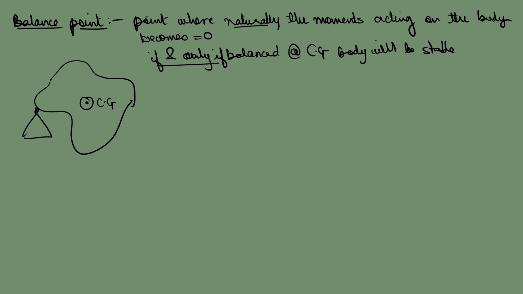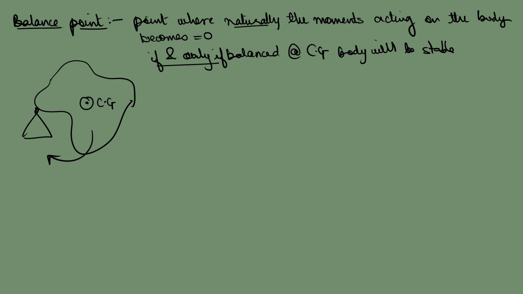But if I try to balance the body at this point, the body will topple. So understand this. The balance point is a natural point: if I balance the body at that point, it will be stable. But if I want to, I can shift the pivot anywhere I want, but there is no guarantee that the body is going to be stable.